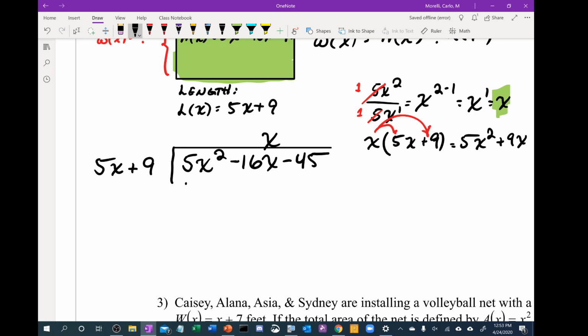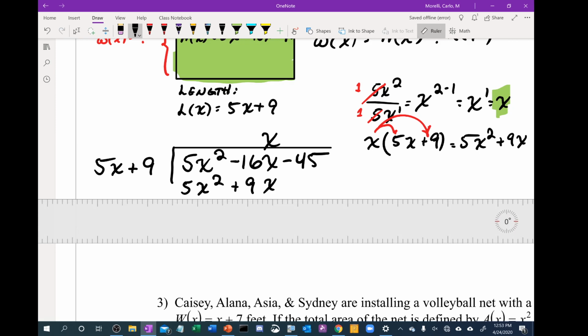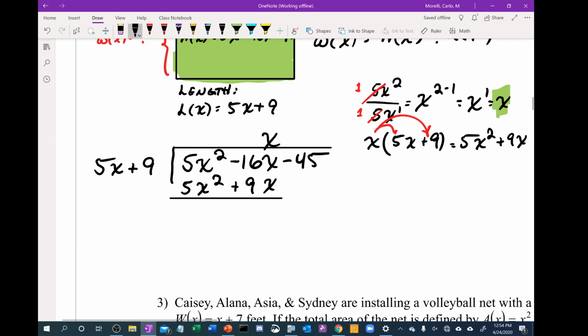And so that's the first term that we put underneath the dividend, matching up the terms. Just like this. And now we take our ruler and we draw a line, change both signs. These first terms always cancel, and these second terms never cancel.